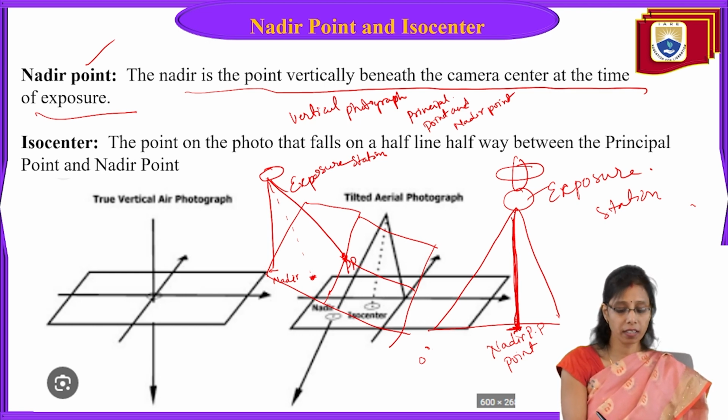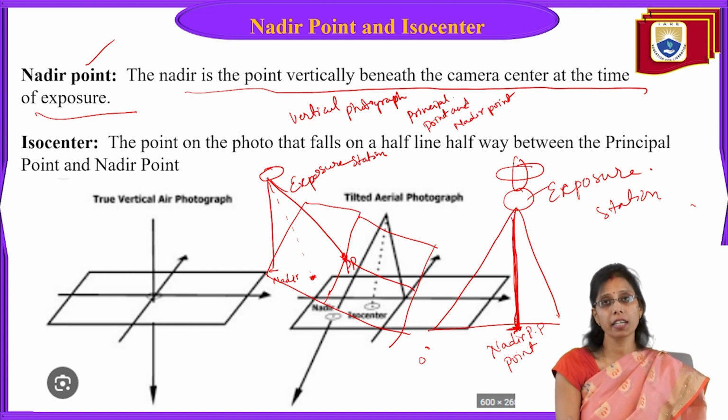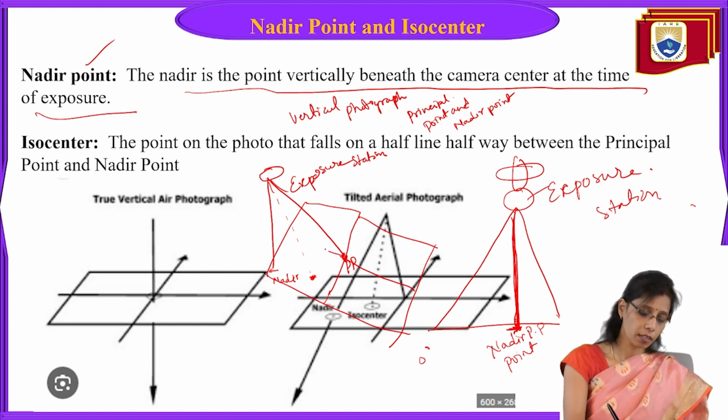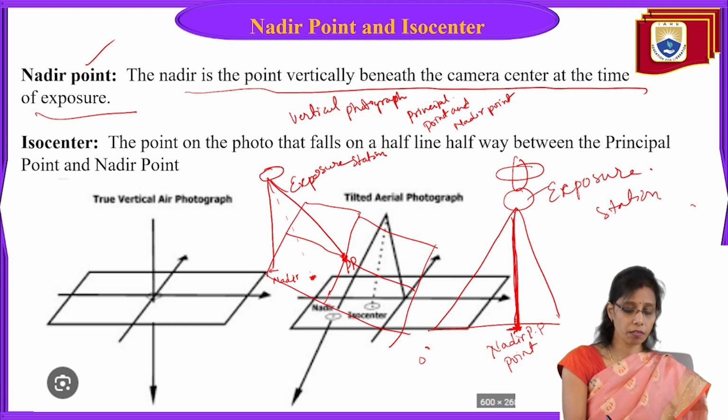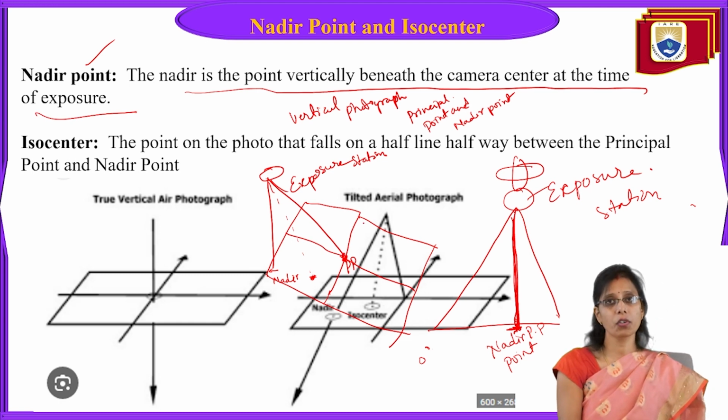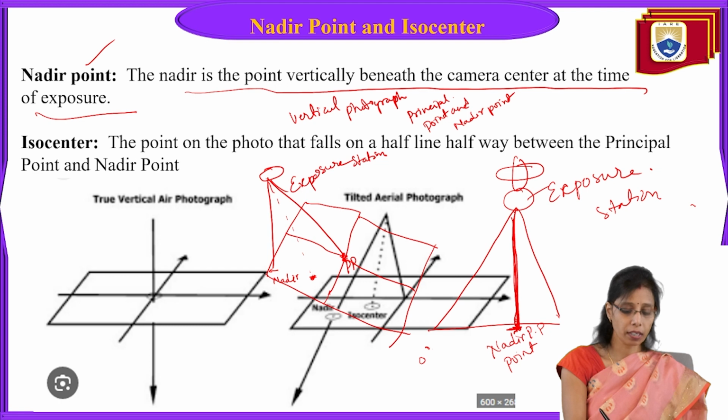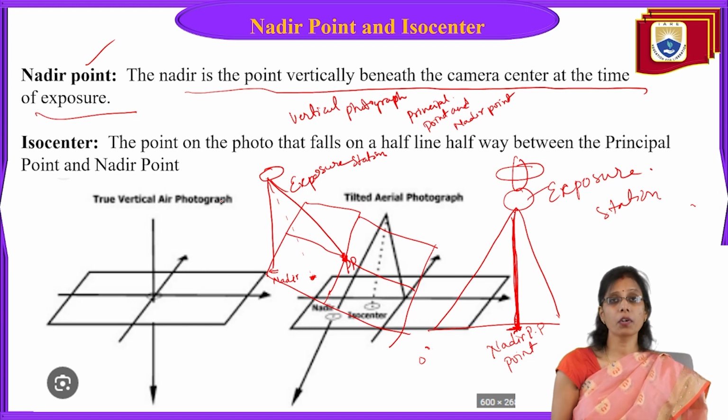Okay, so principal point is the center of the photo. We have seen in the previous slide, if you join all four fiducial marks, we'll get a point called the principal point. So this is our tilted photograph, that is, oblique photograph, where you can see the principal point is here somewhere, and another point is here. Whereas the point between the nadir and the principal point is called the isocenter. I hope you understand the terms nadir point, isocenter, principal point.